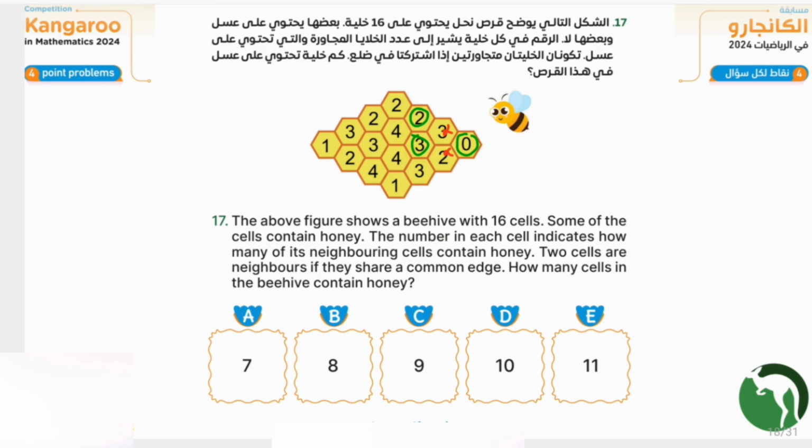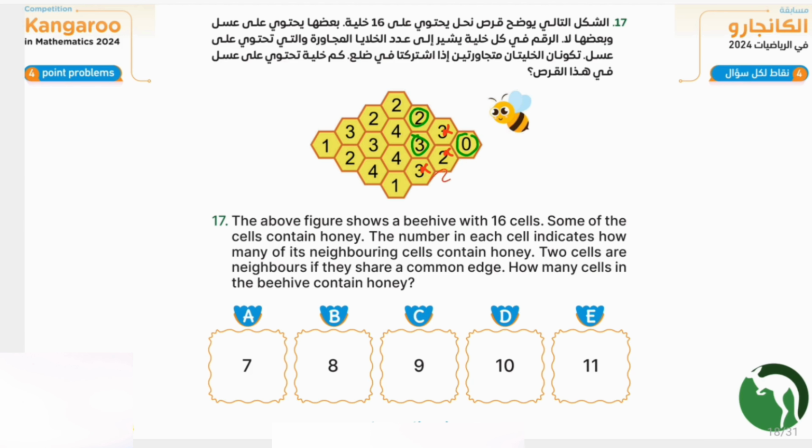Now let's look at this one. This one indicates that 2 of its neighbors will contain honey, so we know already that the 0 and 3 contain honey, so this one will not contain honey, because it's a neighbor of this one, and we have already 3 and 0 containing honey.